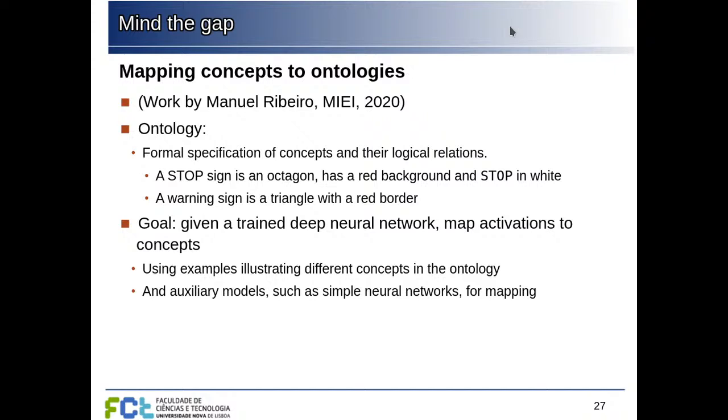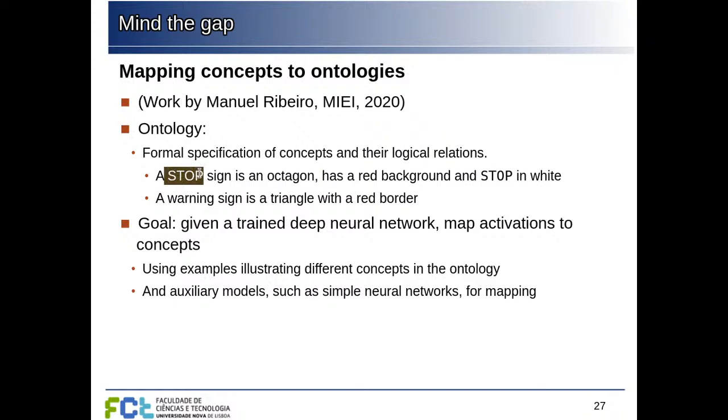An ontology is a formal specification of different concepts and their logical relations, and gives us a set of rules that encodes our background knowledge into some area. For example, if we have concepts like the octagon shape, the red background, the stop letters and so on, we can define a stop sign in traffic signs as an octagon with a red background and stop written in white.